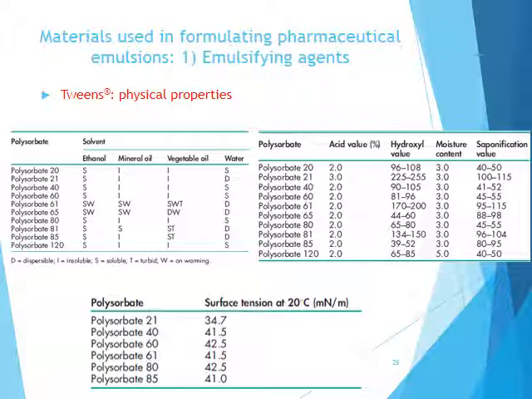If they have different surface tension, different structure, and different physical properties, they are most likely working as emulsifying agents with different potency or different concentrations, or you need more or less of this surfactant to promote the emulsification process. So these are the general properties of Tweens.